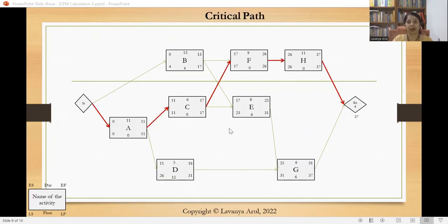So when we draw a path, A, C, F, H, end is going to be our critical path. The critical path is the longest path in a network diagram, which means if you add up all the different paths, A, C, F, and H will have the maximum number, which is 37.